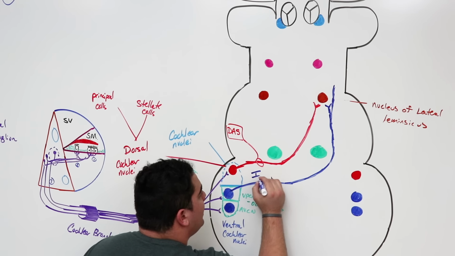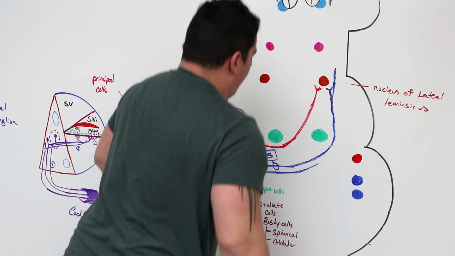There are different types; the main ones are spherical and globular bushy cells. Now, what happens here? When these cells are stimulated, they give off axons, which also cross over to the contralateral side, some of them.